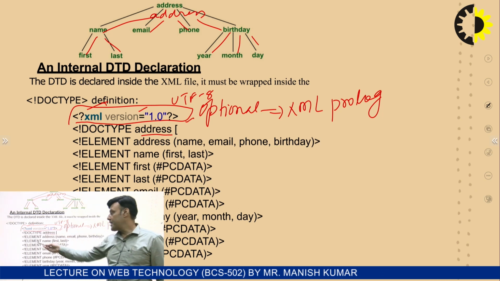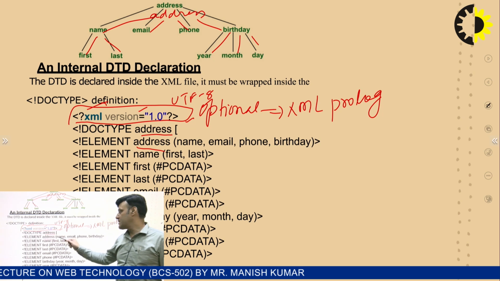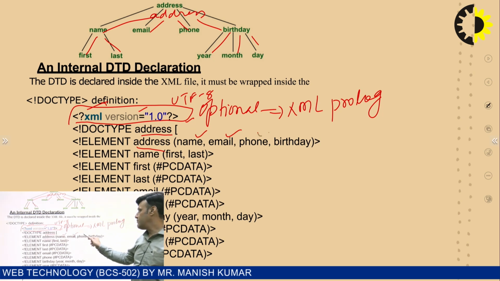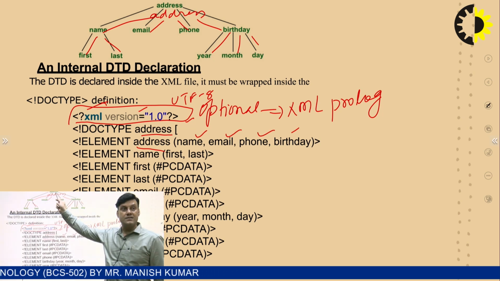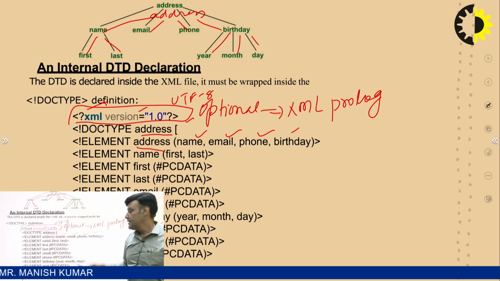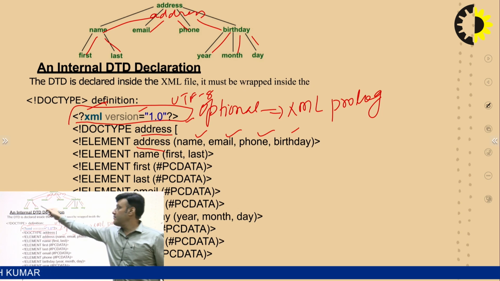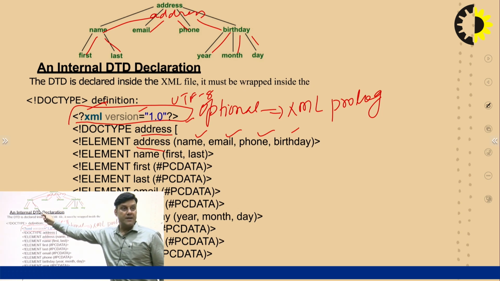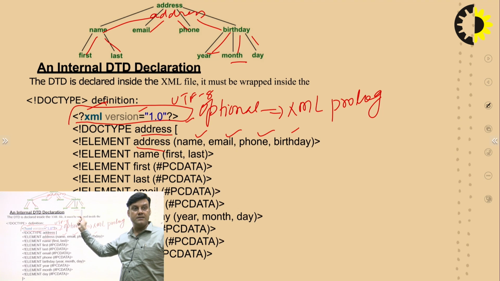Then we write how many elements are there. This address element will consist of name, email, phone and birthday. And this name again consists of first name and last name, and birthday consists of year, month and day.